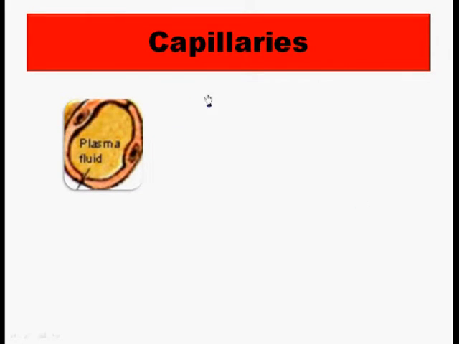Okay, so here we're going to be looking at capillaries. If you're looking at the capillary under a microscope, you will observe two things about it. One, that it has thin walls right here, and it's basically one cell thick. Now notice that there is an advantage of this blood vessel having thin walls.